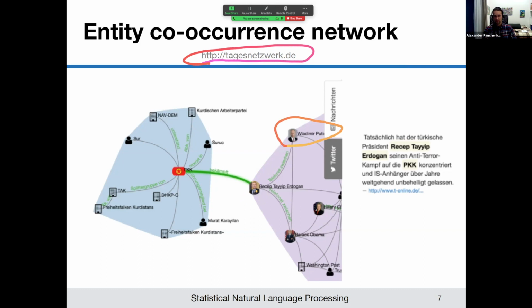So let's say if Vladimir Putin met or spoke to Erdogan, then many media mention in the same news these two entities, and you can create a network and visualize what happened.